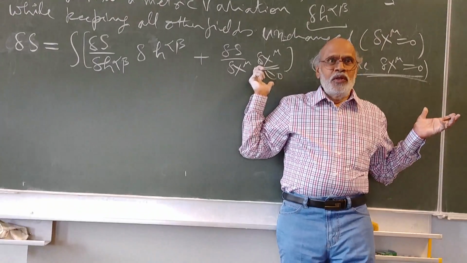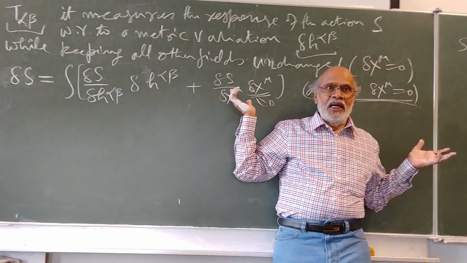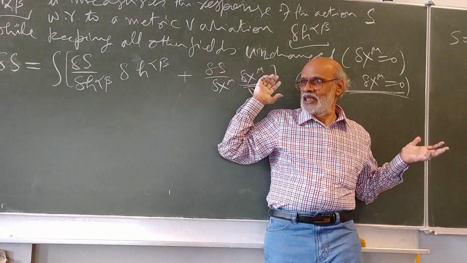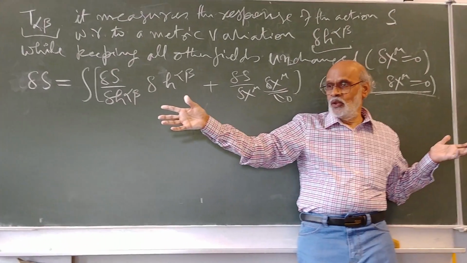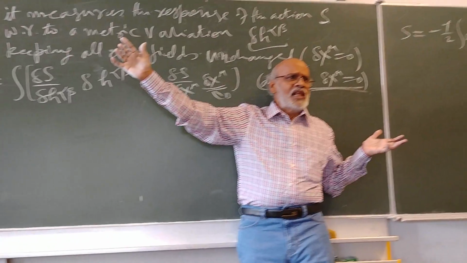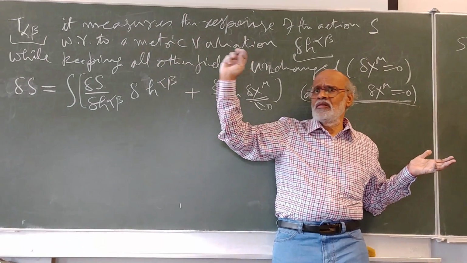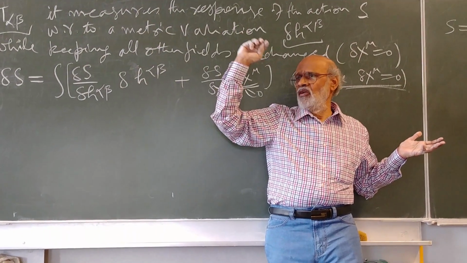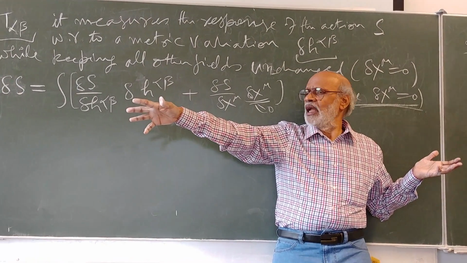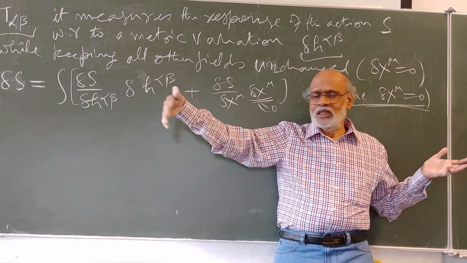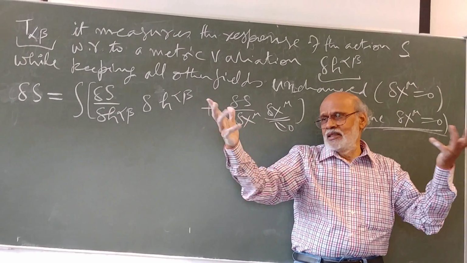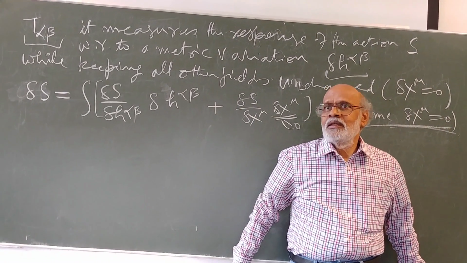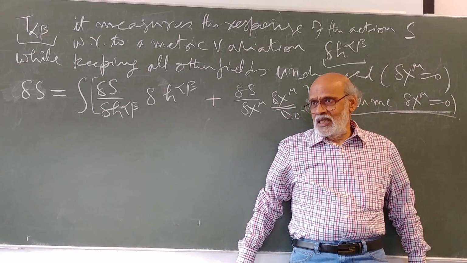So here I have only one extra field X mu, for which I assume that delta X is 0. But supposing I had more fields, like an axion field or a U1 gauge field or a two-form gauge field, I can do that later on. Gradually you can introduce more fields into your action.